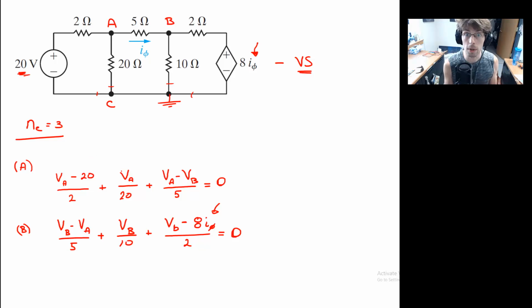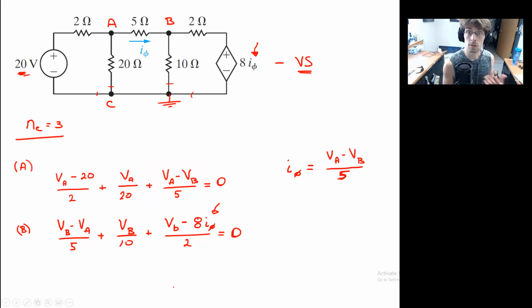But we have an expression for that I phi, in fact, we've used it already right here, and here. I phi is equal to the potential difference between VA and VB divided by 5.